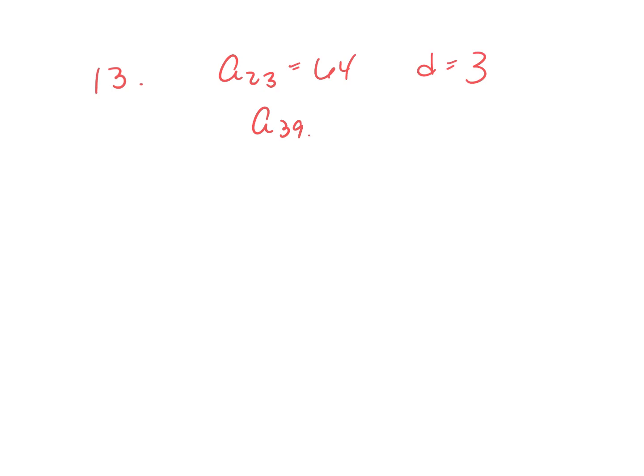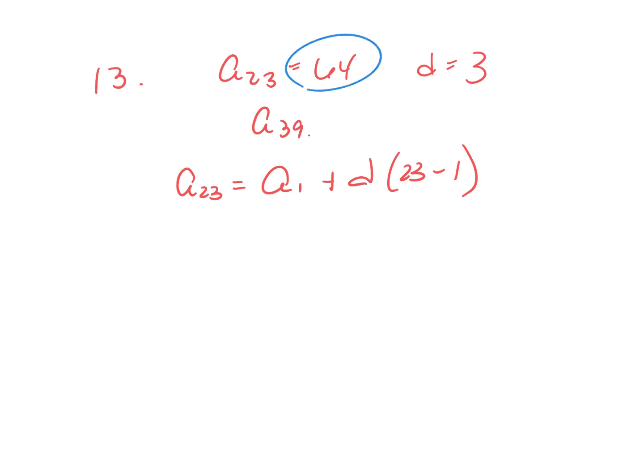So if I'm given A23 and D, I can find A1 because A23 would equal A1 plus D times 23 minus 1. Who does not understand what I did? A23 is 64, so I can plug that in because I know it, equals A1, and D is 3.